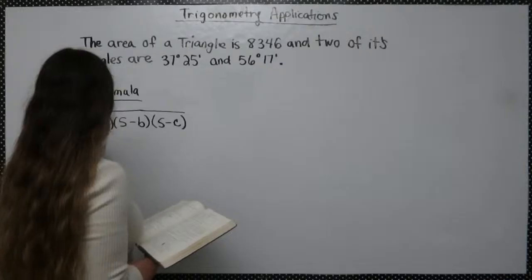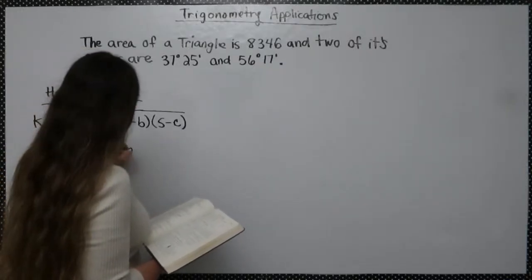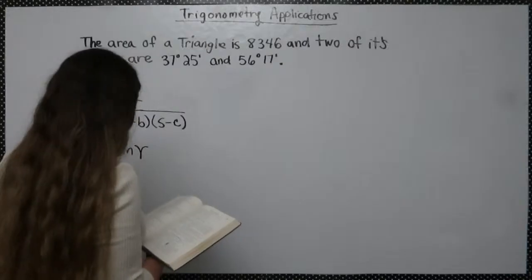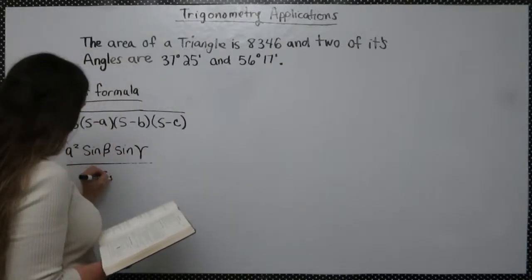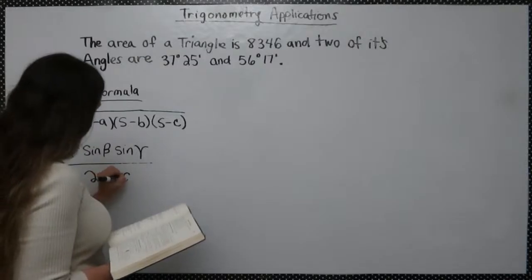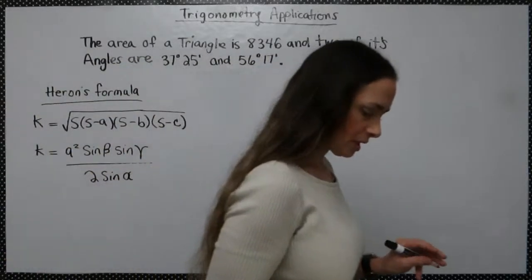They're all pretty much the same. Sine beta, sine gamma over 2 sine alpha. So we've got our Greek alphabet.